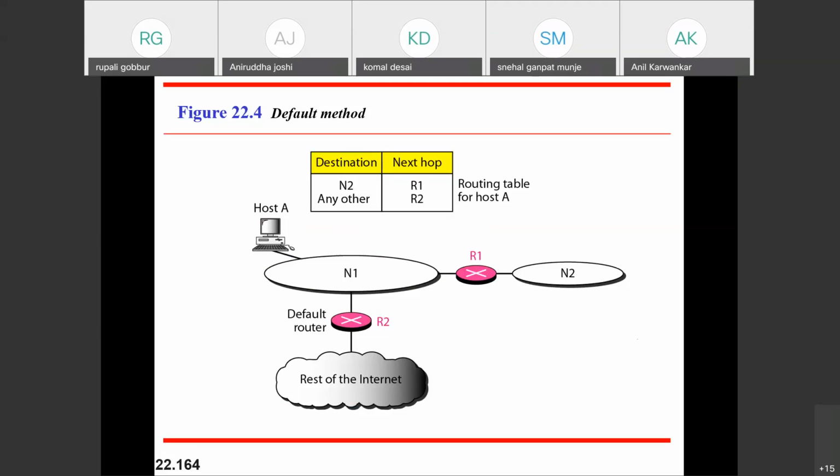But if the path is not at all the specified one, then N2 to R1 will be the first hop, from R1 to N1 will be the second hop, and from N1 to R2 will find the destination path for the packet.